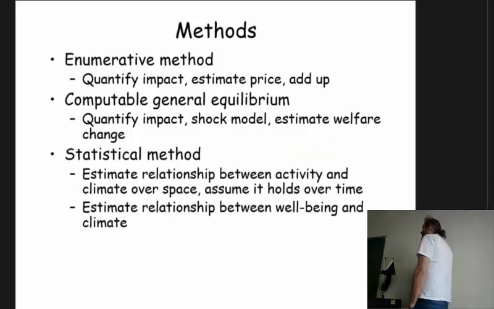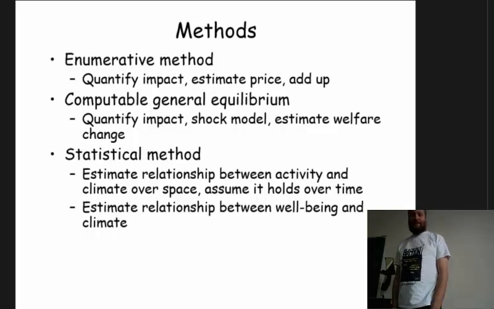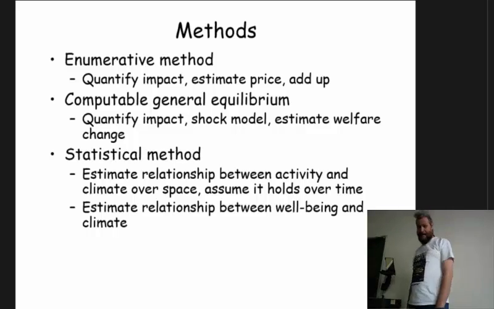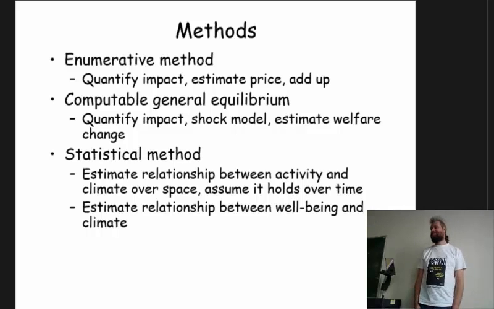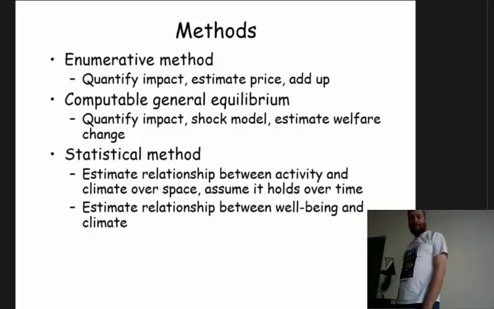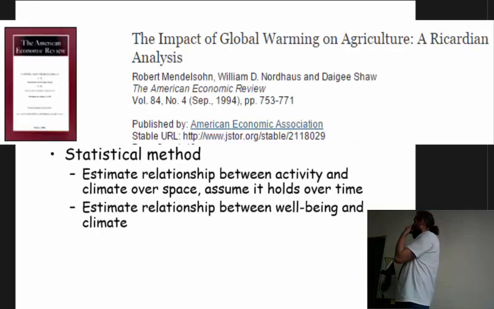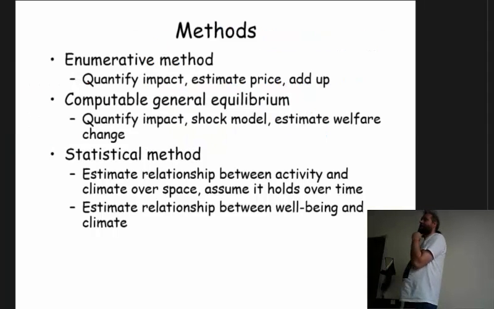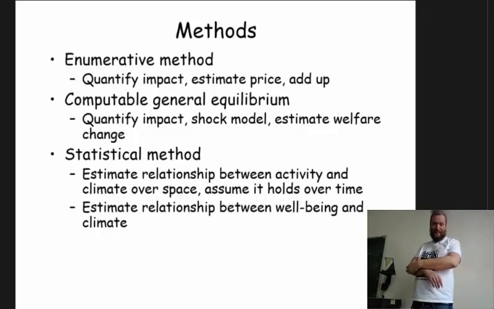Yet other studies use statistical or econometric methods. What people have done there is that they've estimated the relationship between something that is of relevance and the climate over space, and then assume that this relationship holds over time. The first to do this were Mendelsohn, Nordhaus, and Shaw. And essentially what they did was they ran a regression of agricultural land values against climate, controlling for all sorts of other things that might affect the value of agricultural land.